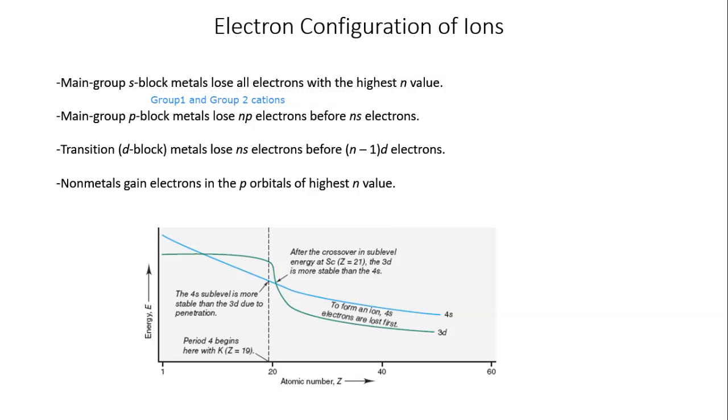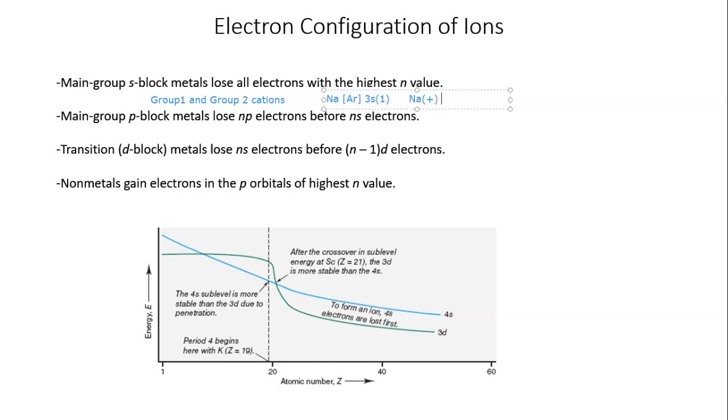So for example, if we were looking at sodium, sodium is argon 3s1. If we want to look at sodium plus, we remove the electron from the highest filled orbital, and that's going to be the 3s.